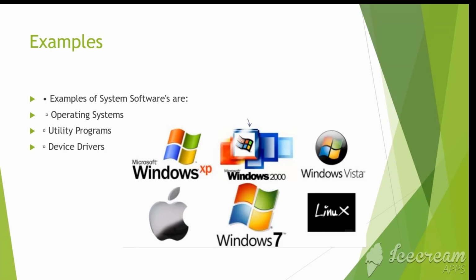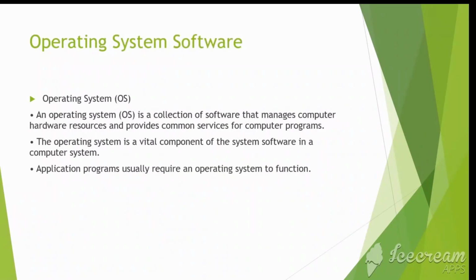Here are some examples of operating system software: Mac, Linux, Windows, and whatnot. Operating system software, or OS, is a collection of software that manages computer hardware resources and provides common services for computer programs. The operating system is a vital component of system software in a computer system.